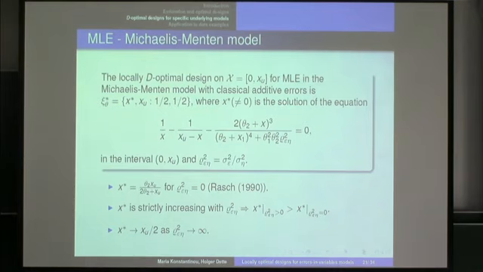So the non-trivial support point of the design moves further away from the corresponding one for the design assuming no error in the covariate. And the limiting value of this x star is just xu over 2, where xu is the upper bound of the design space.